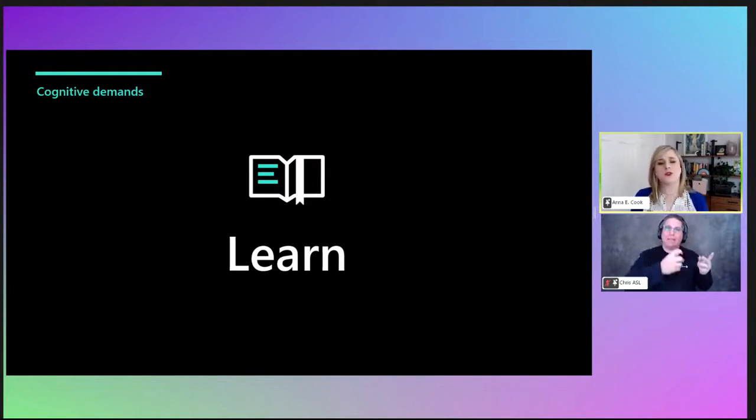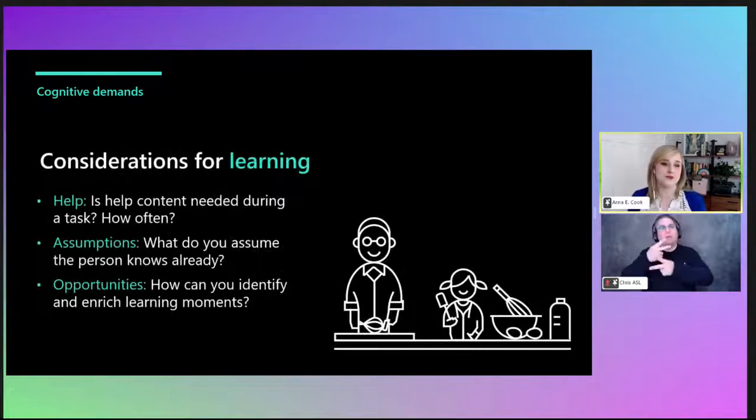A person learning to create a game or write a line of code may need different types of guidance in each step of the learning journey. There are a few considerations for us to make our experiences more inclusive when learning is involved. We need to consider how many times a person needs to switch tasks to and from help content we provide.